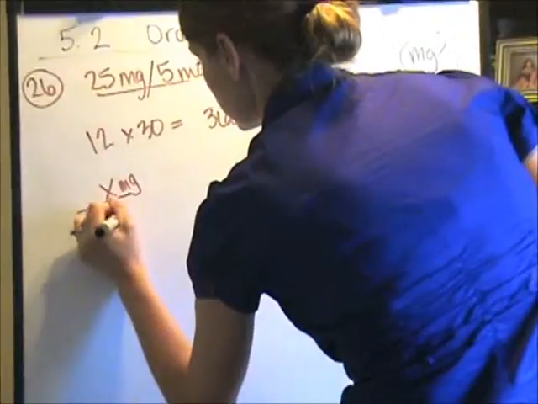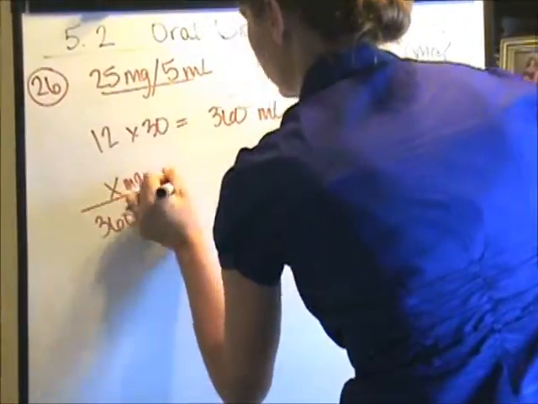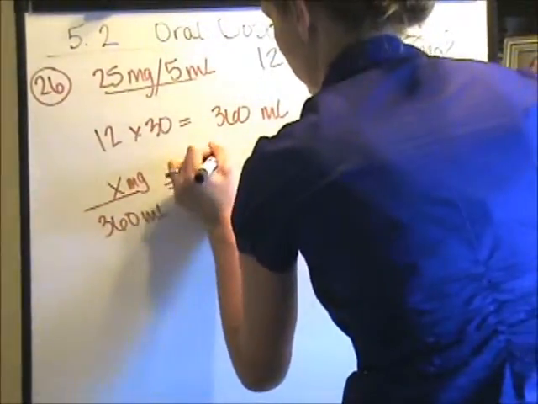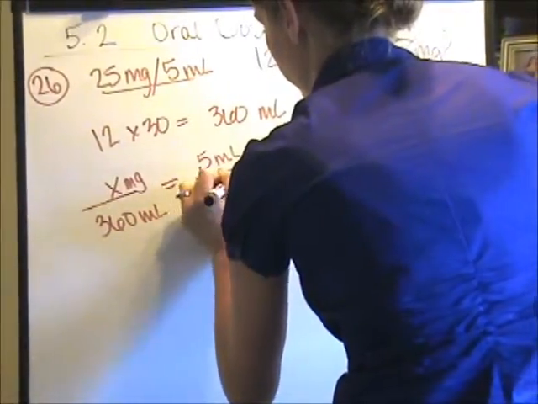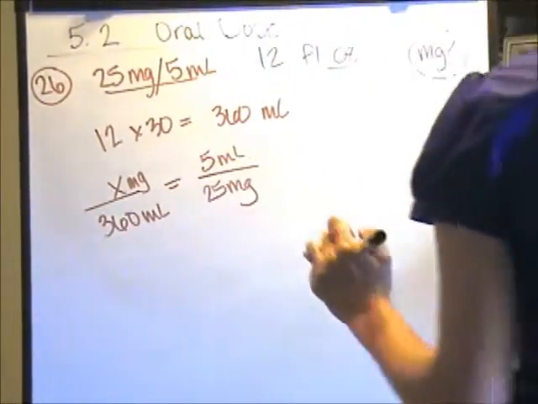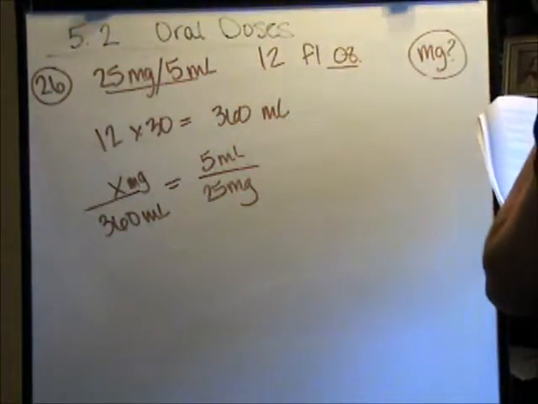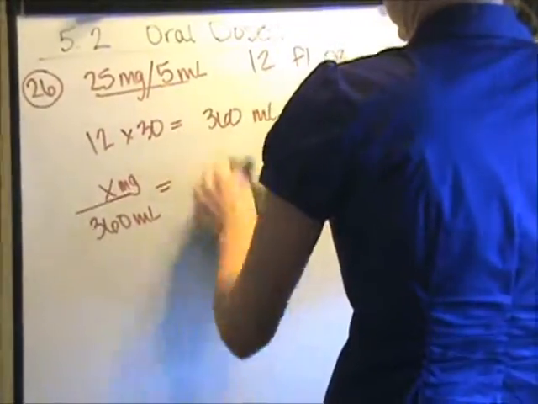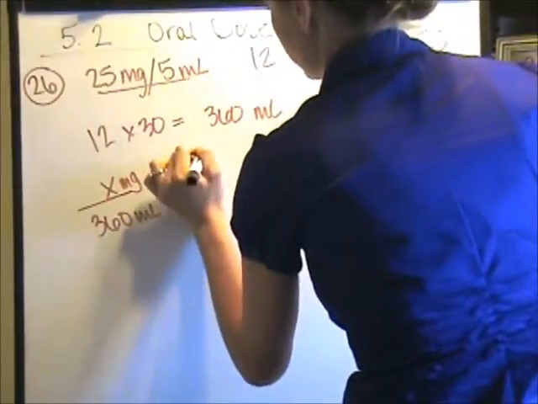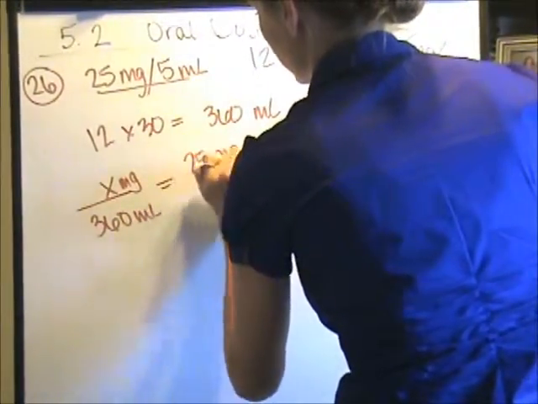There are 360 ml in the bottle. We know that the prescription that's on hand has 5 mils for 25 milligrams. And our units of measure do not line up, so we need to rewrite that.